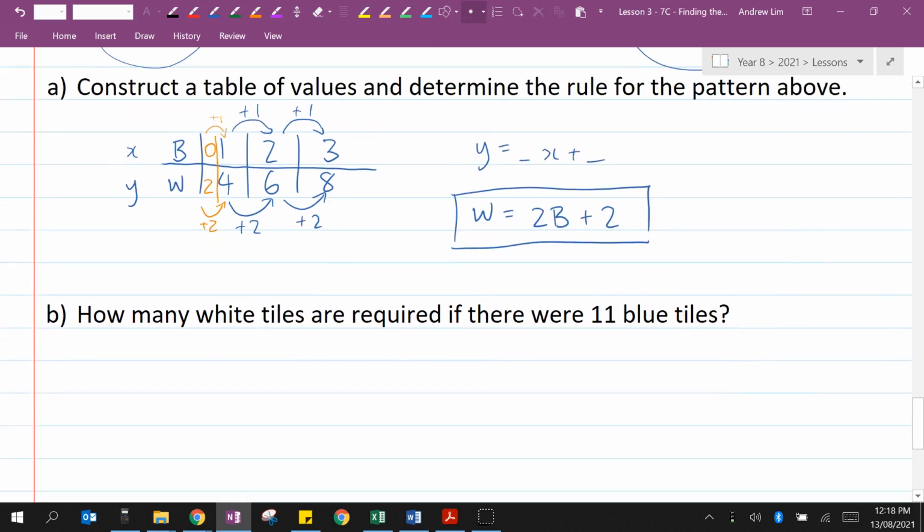Alright, let's have a look at question B. How many white tiles are required if there are 11 blue tiles? So now that we've written this formula, this equation, this rule, W is equal to 2b plus 2, we can solve problems like question B. So white is equal to 2 times b, or 11 blue tiles, plus 2. 2 times 11 is 22, and 22 plus 2 is 24.